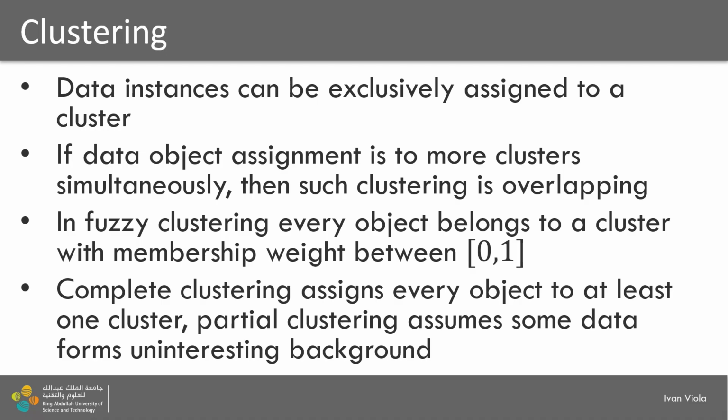However, this might be the case sometimes, and occasionally we can have a data object assigned to more clusters simultaneously. And then we call such a clustering overlapping. So the clusters are overlapping over some data entities, data instances, which belong to both clusters.